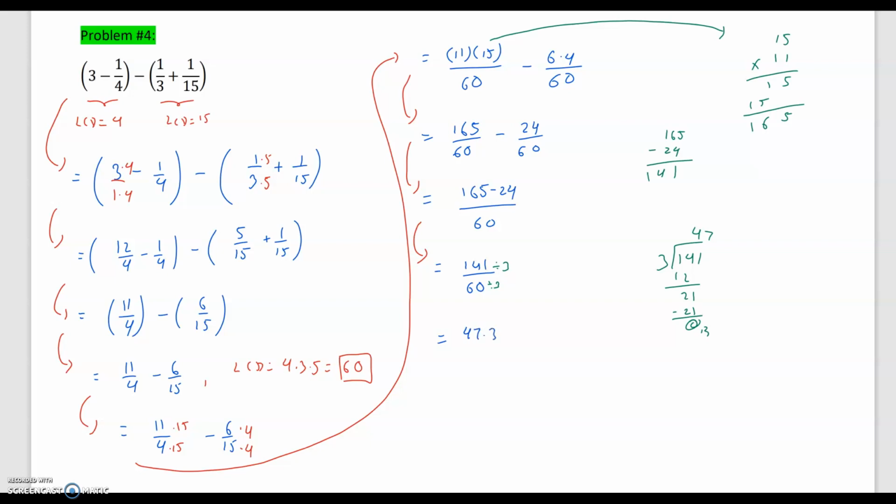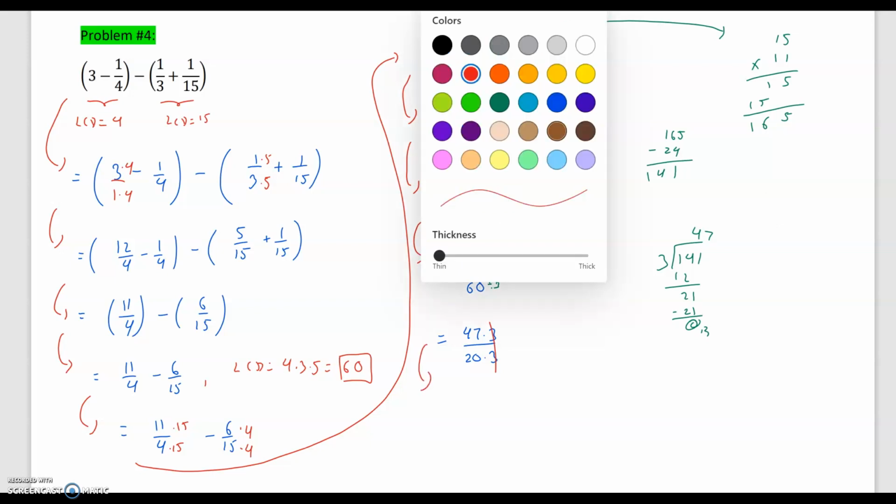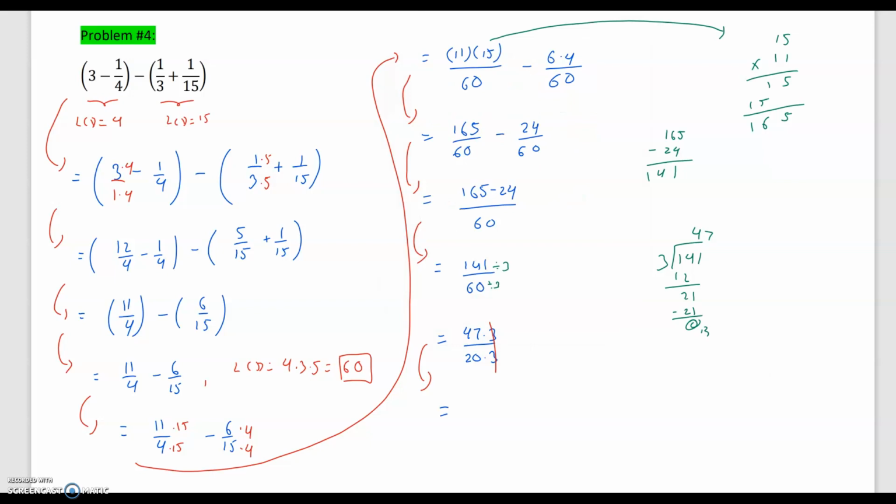So 47 times 3. And then technically 20 times 3. And you can cancel the 3's. So we're looking at 47 over 20.